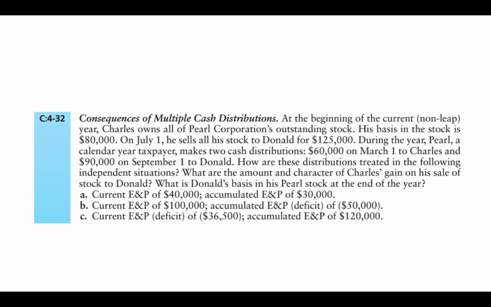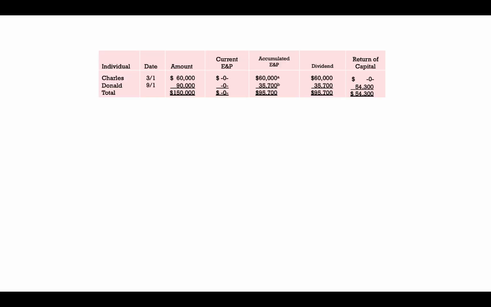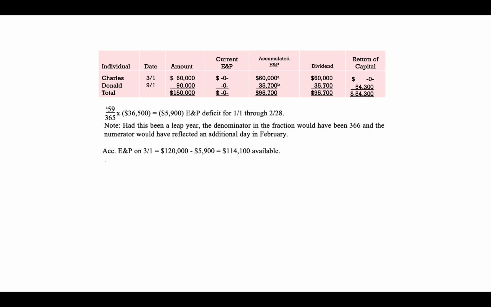And then finally, Part C. Now, same thing, except we have a current earnings and profits deficit of 36.5, and we have accumulated earnings and profits of 120. All right, so you can see here, remember, if we have a deficit in current earnings and profits, we have a surplus in accumulated earnings and profits, then we reduce accumulated earnings and profits by the current E&P deficit on each date of distribution.